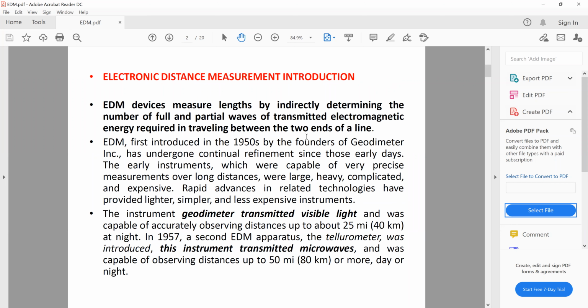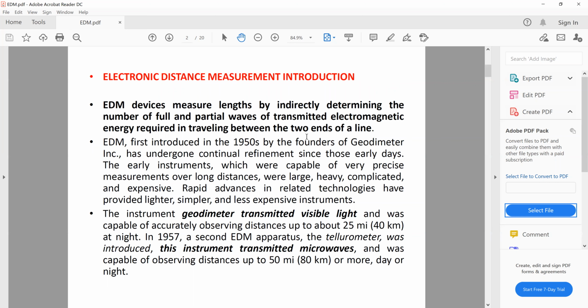And the wavelength of that electromagnetic energy depends on the atmosphere in which we're using it. Usually it comes with a fixed wavelength. But as we will study in other topics of remote sensing as well, depending on the media in which the electromagnetic wave is supposed to travel, based on that, we can change the wavelength.